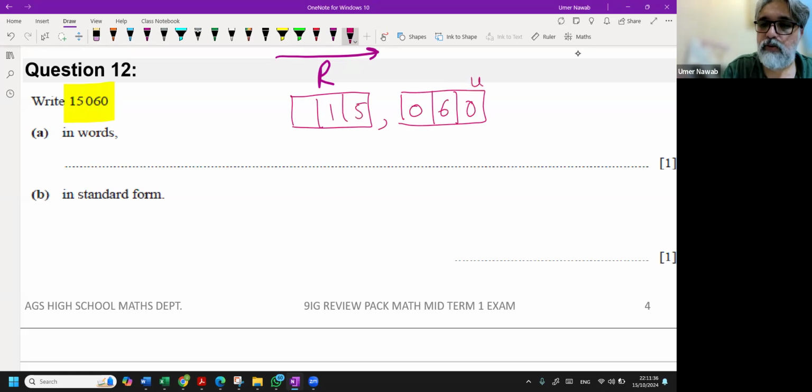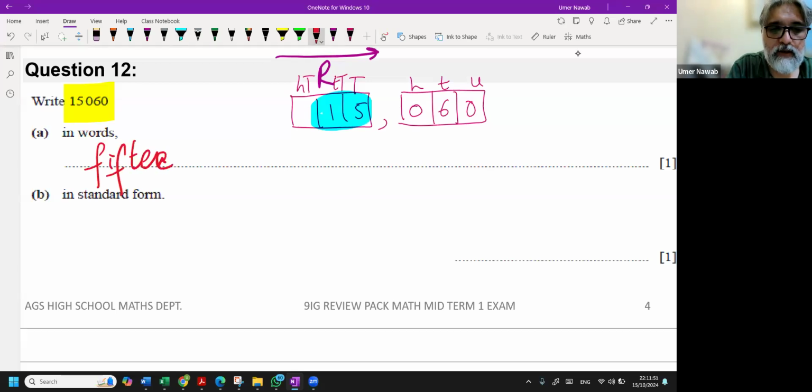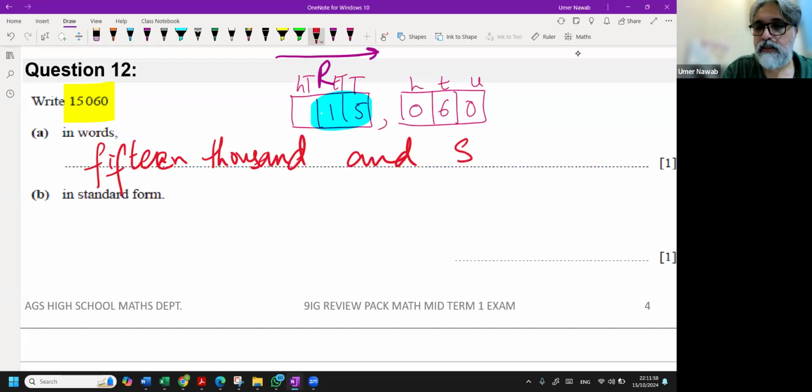So this is unit, 10, 100, 1,000, 10,000, 100,000. So basically it is 15,000.